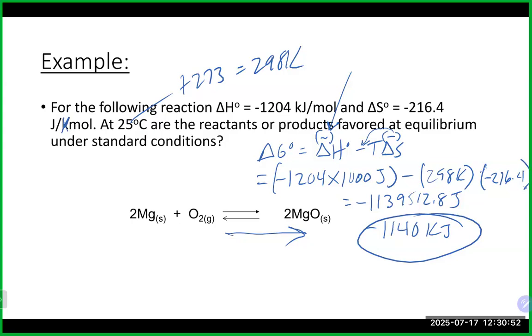Sometimes the units don't perfectly cancel out on these things. So I'm okay in the end if you leave it as either joules, kilojoules, something like that. But yeah, there's a temperature value associated with the entropy values. Typically, the delta H's and delta G's are in kilojoules per mole, and this one is joules per Kelvin per mole.